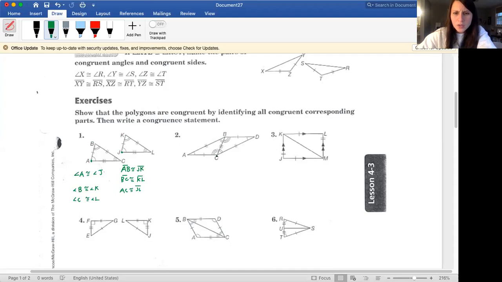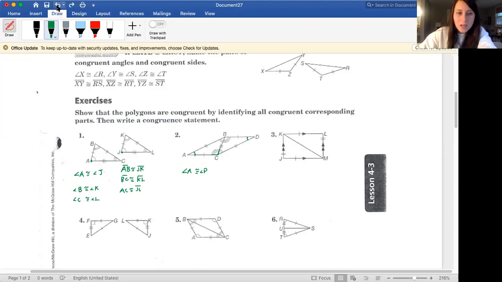Okay, now number 2, these are flipped. So we really need to take notice of the markings on our drawing and also be able to correspond which parts are connected to which parts. So A has one little mark, D has one little mark. So angle A is congruent to angle D. C has 3 marks, and this has 3 marks, except I can't name this angle C because there are 2 angles there.